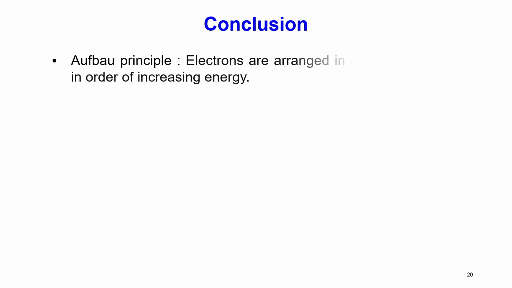Okay, so kesimpulannya kita akan gunakan ketiga-tiga rules ataupun principle ni untuk explain ataupun untuk arrange electron in atomic orbital. So untuk Aufbau, electron arrange according to energy level. Start with the orbital with lower energy first before the higher one.